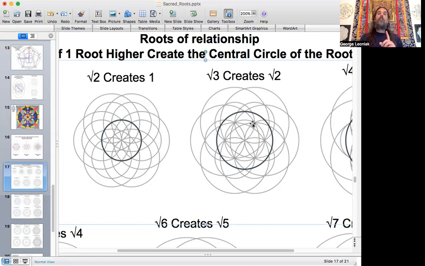Next one. This one says √3 creates √2. So we're going to take our √3, and these larger circles are √3, and we can pick them up in our drawing at this intersection point. And here's our almond in the middle, another vesica. I am showing here 6 circles, but all you really need is 2.